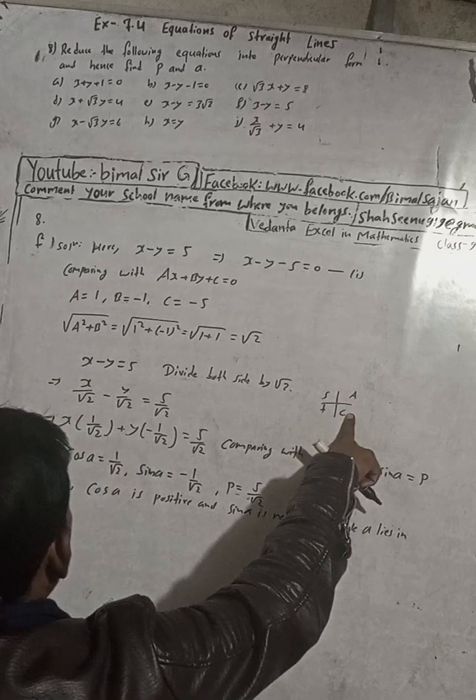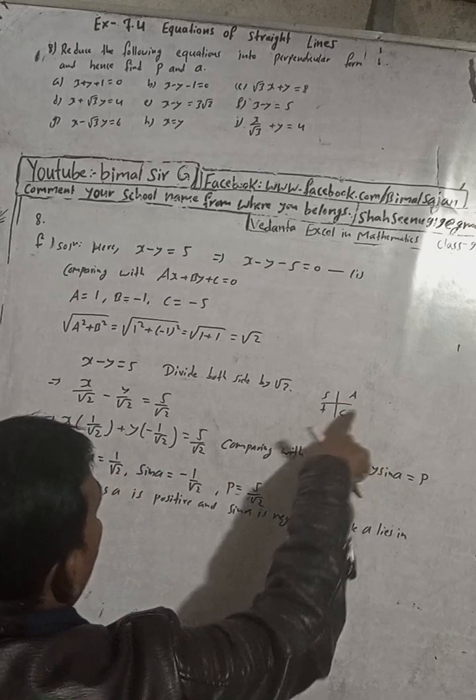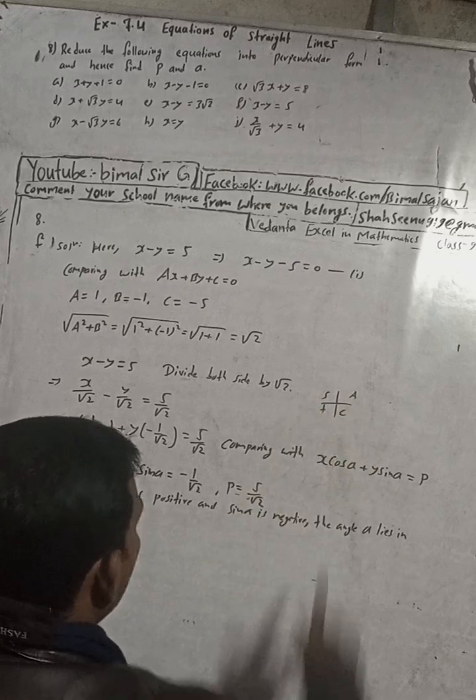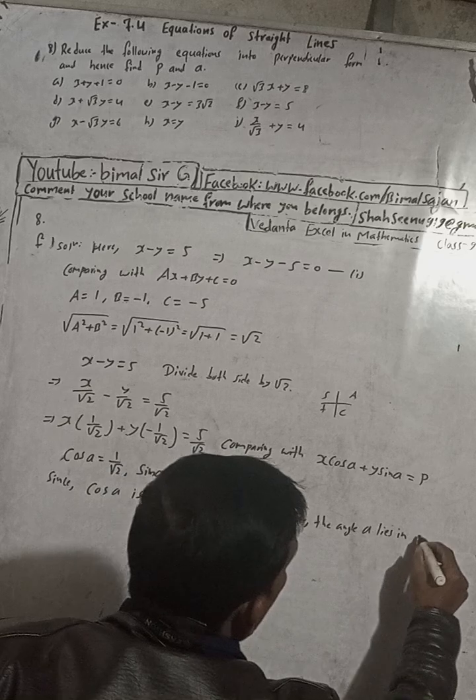In the fourth quadrant, cos is positive and sin is negative. In the first quadrant all are positive, in the second only sin is positive, in the third only tan is positive. So we take the fourth quadrant. Alpha lies in the fourth quadrant.